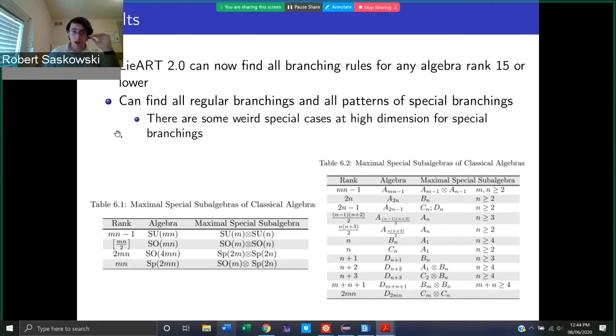However, the reason why I don't say we can find every branching rule, period, is because in general, at high ranks, there tend to be random cases of special subalgebras that don't necessarily follow a pattern. For example, I believe SP246, which is a rank 123 algebra, has, I think, an E8 subalgebra or something like that. It just occurs randomly. There's no pattern.